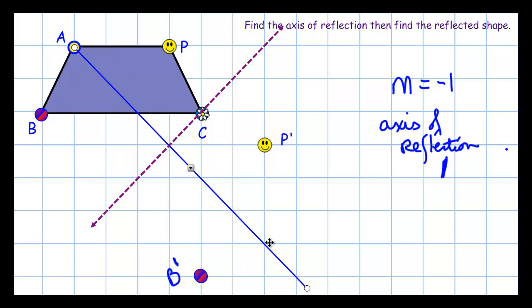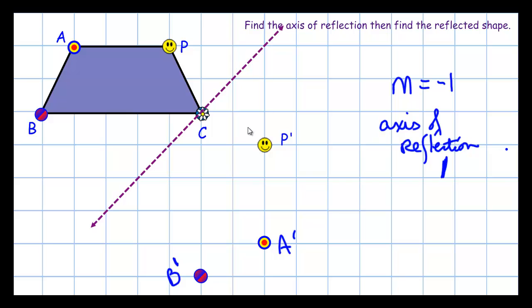Okay, so there's my perpendicular line to my axis of reflection, and A is 1, 2, 3 diagonals across. So it looks like A is going to end up right here. That's where A prime is.